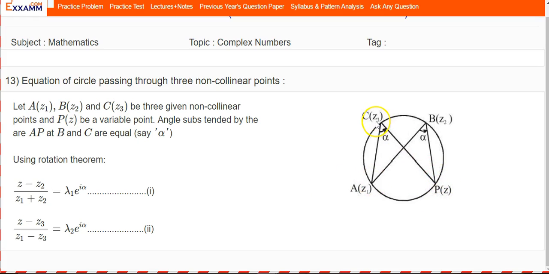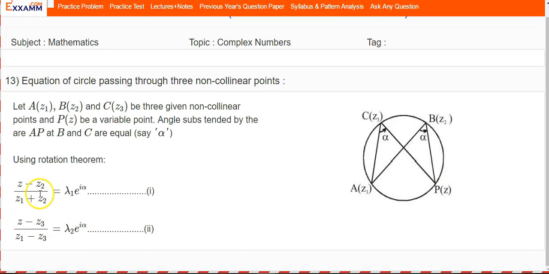(Z minus z3) upon (z1 minus z3) is equal to lambda 2 e to the power i alpha. Here lambda 1 is the modulus of this number and lambda 2 is the modulus of this number. We are just showing lambda 1, lambda 2 to say that these numbers are real constants and not dependent on z. That is what we intend to show by writing lambda 1 and lambda 2.